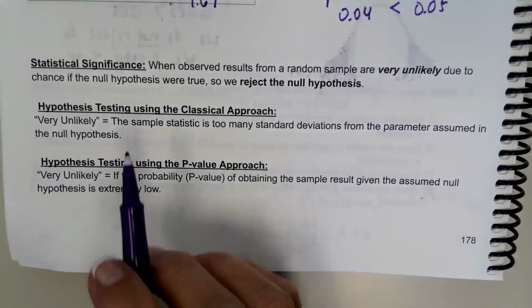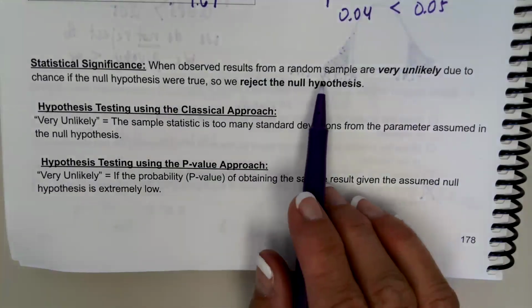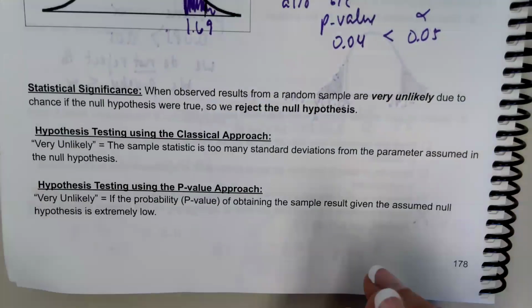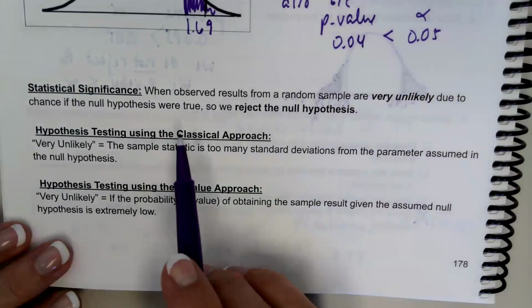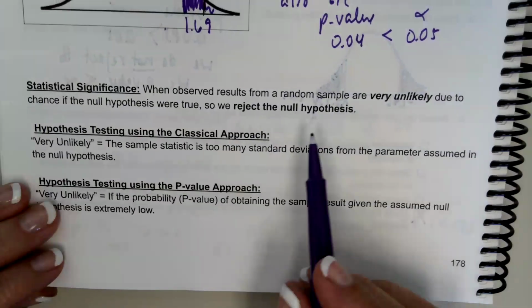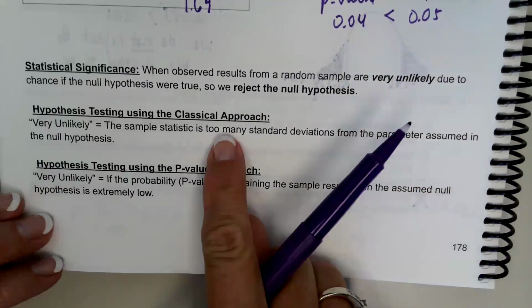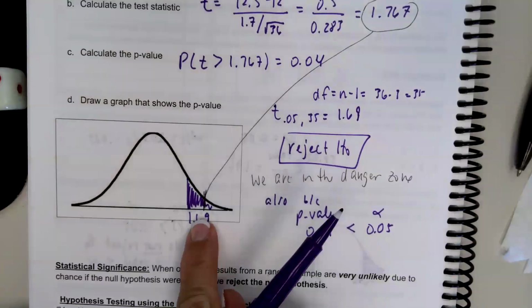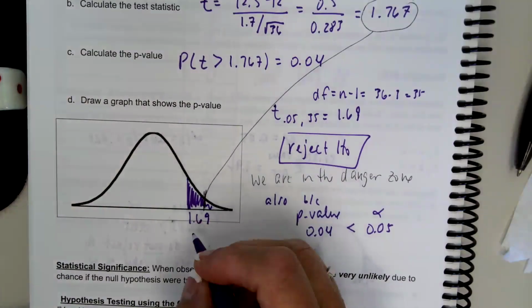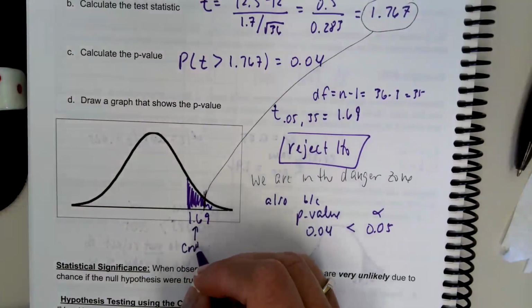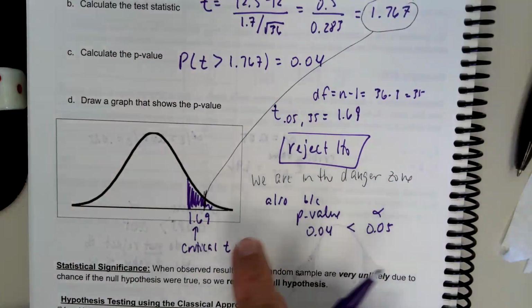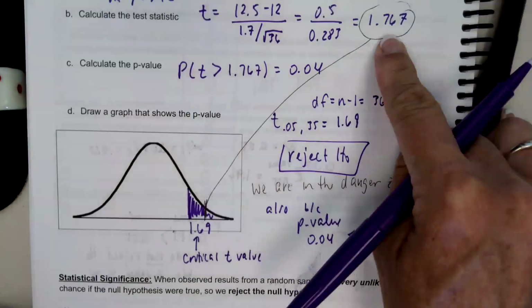So statistical significance: when observed results from a random sample are very unlikely to be due to chance if the null hypothesis were true, we reject the null hypothesis. The classical approach is looking at the standard deviations. We had a critical t-value compared to our test statistic.